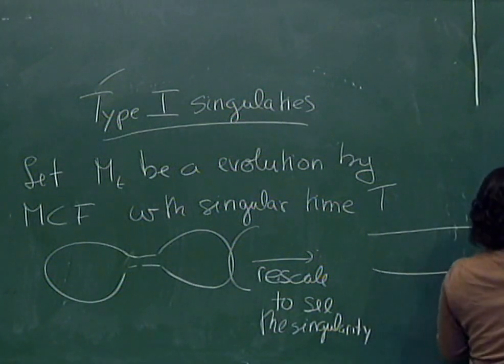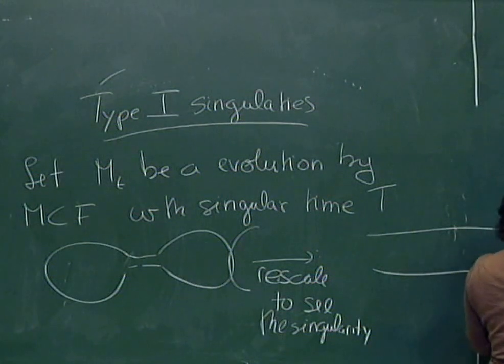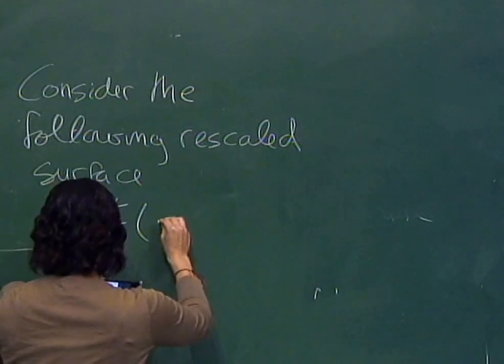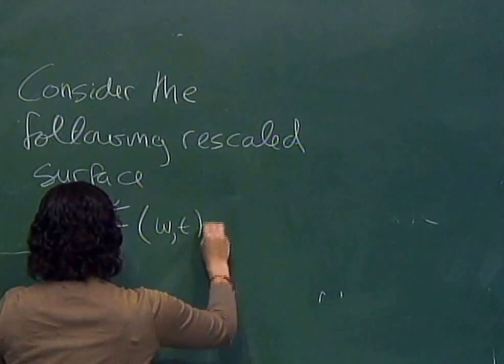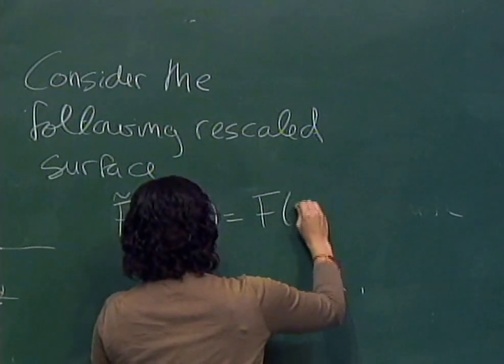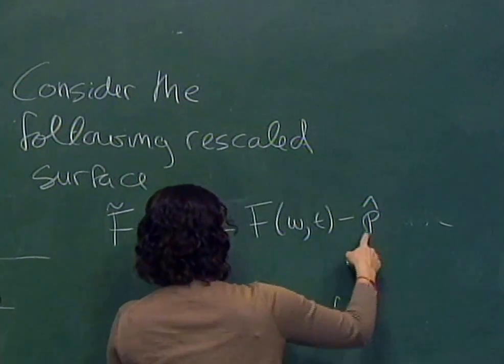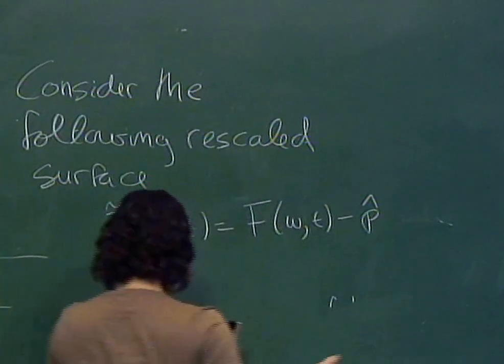Okay, so I'm going to take f tilde of omega, t being minus some p. I'll say in a minute what this is.